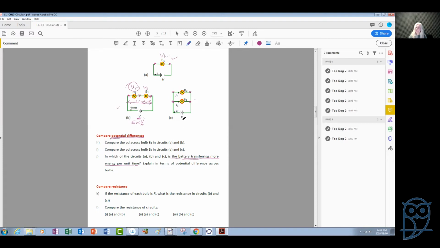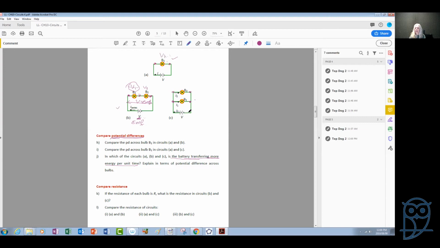But here, this battery supplies two potential differences, one for B2 and one for B1. So in this circuit, obviously the battery supplies two circuits. So it transfers double the energy than this battery here that transfers only to B1.